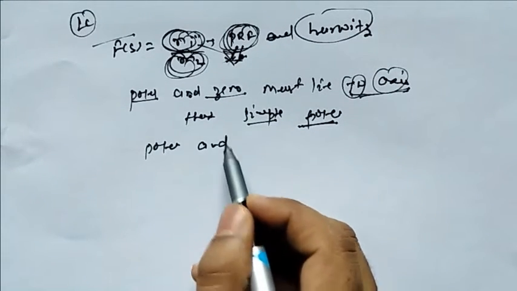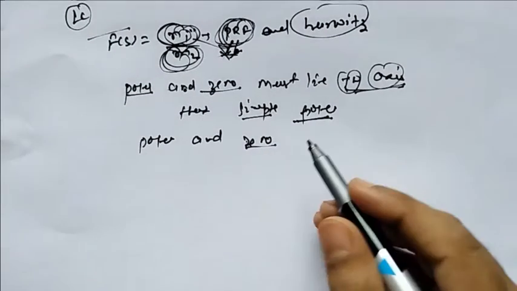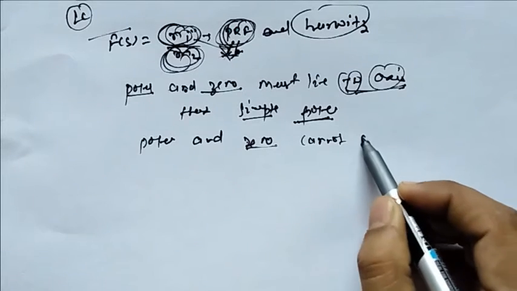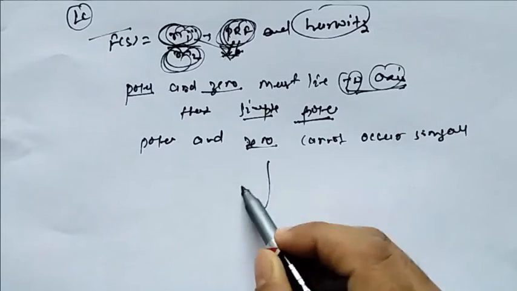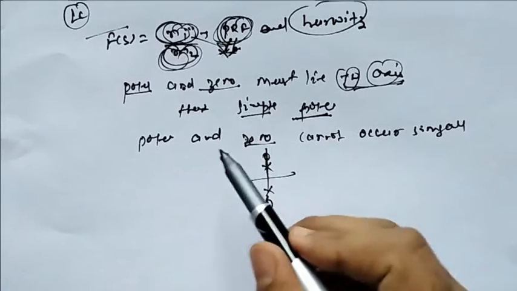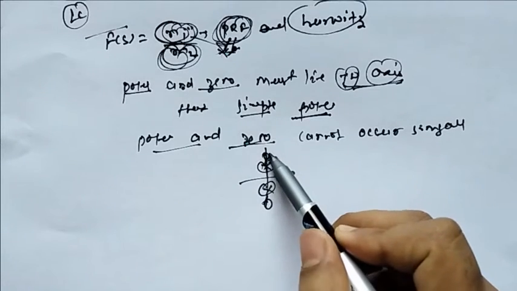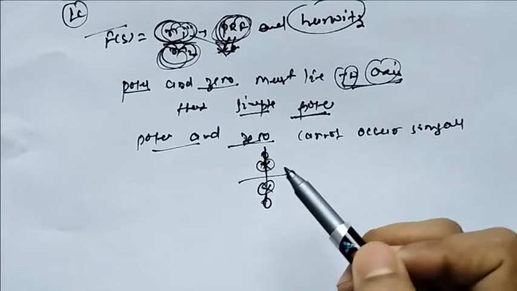Poles and zeros cannot occur singly, they must occur in pairs. A single pole or zero is not possible on the j omega axis.